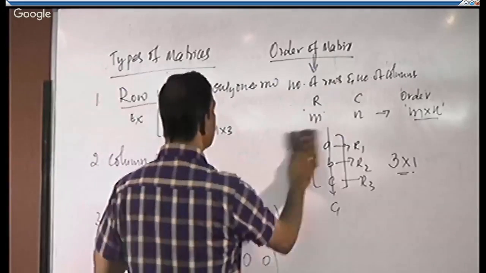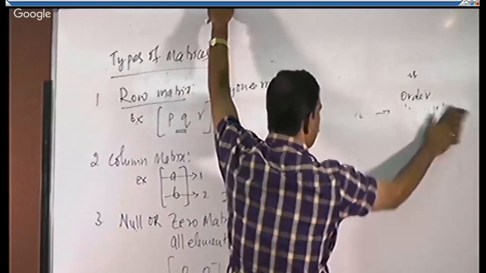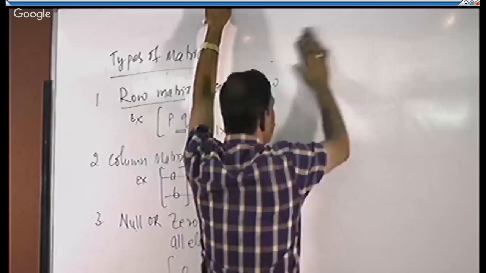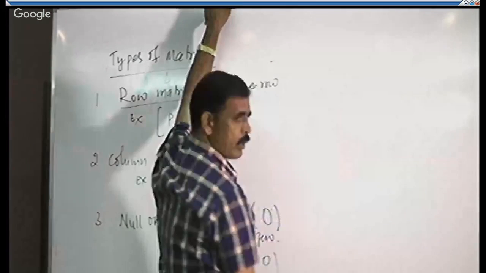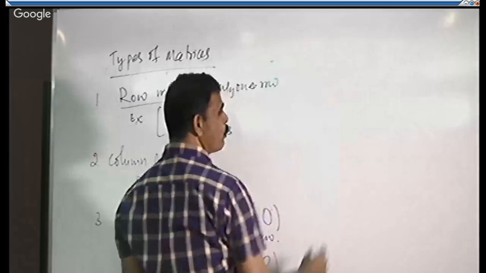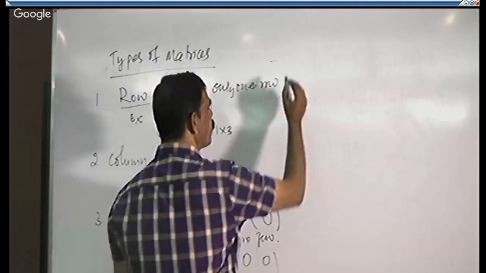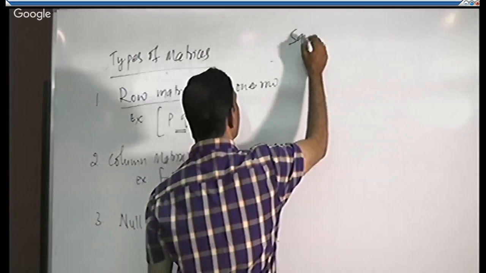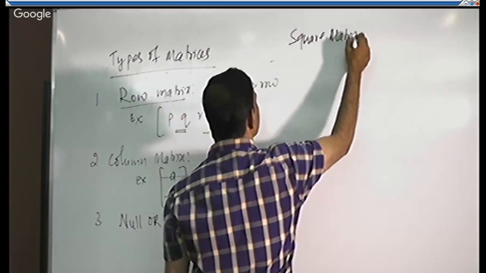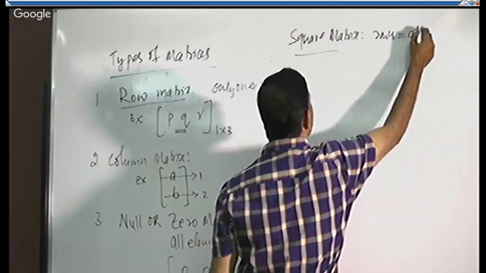The next matrix is square matrix. Square, how does it look? Length and breadth are the same. In the same way, here also we have an equal number of rows and an equal number of columns. Such a matrix is called a square matrix. Rows are equal to columns.